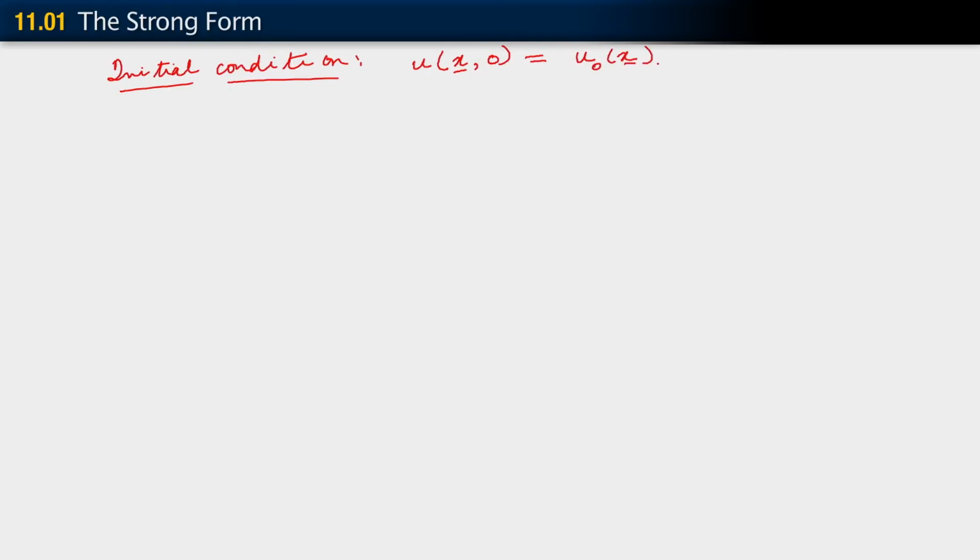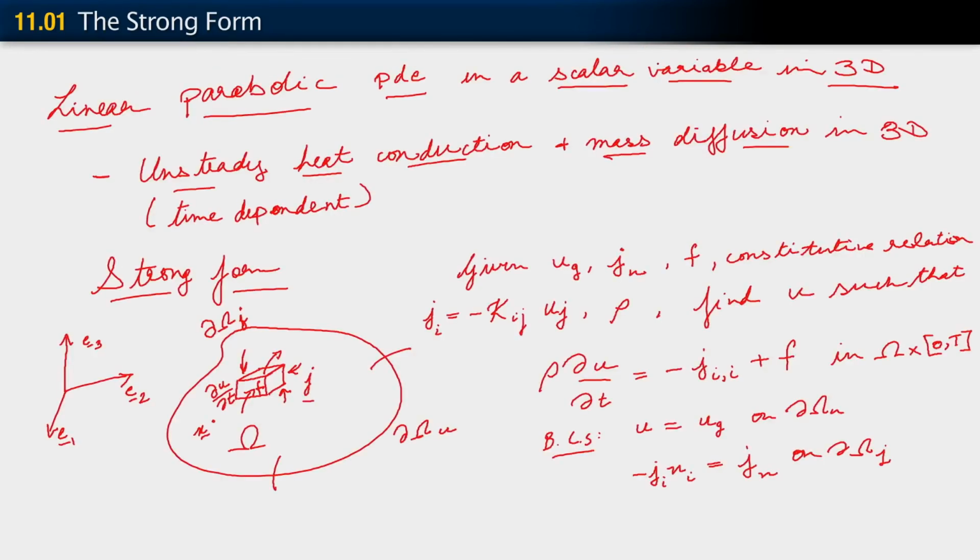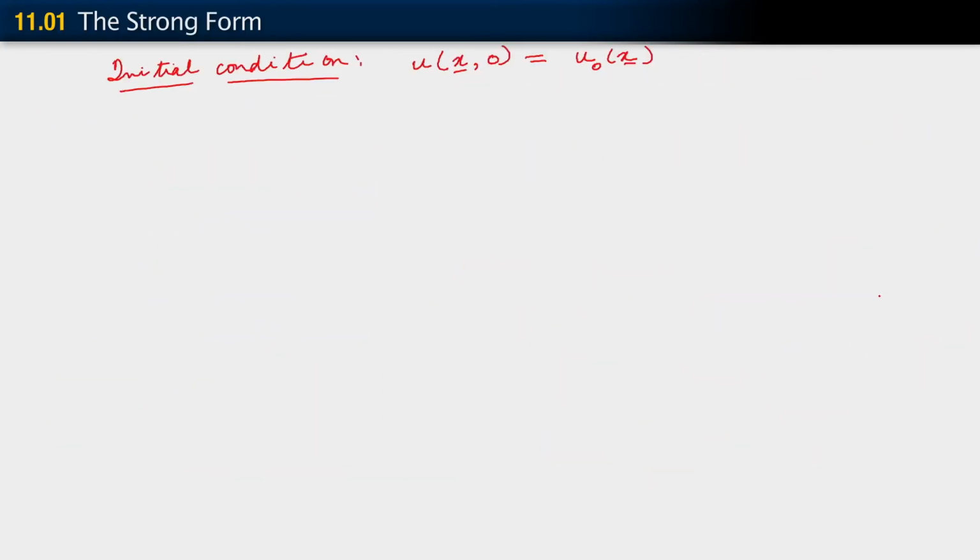And perhaps this is best clarified by also saying here that u is a function of position and time. All right. That indeed does complete the specification of our problem: the PDE, boundary conditions, and initial conditions.